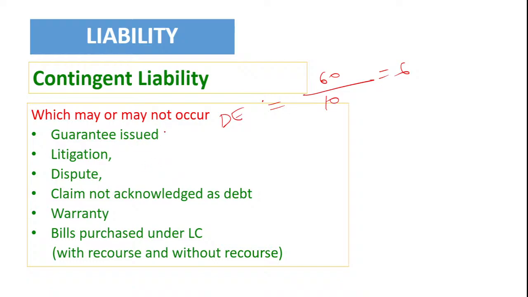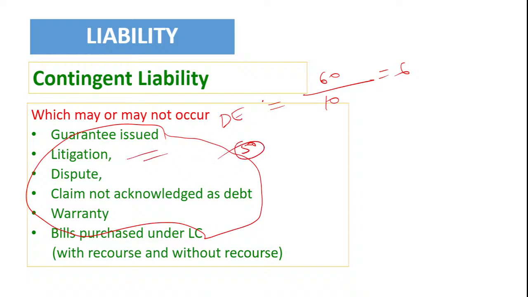So if any such litigation is there, in that case what you do, suppose the litigation is 50 lakh rupees. So now you incorporate this 50 lakh rupees as a litigation also in calculating D ratio. Now you see 60 plus 50 divided by 10. So now the D ratio is 11.